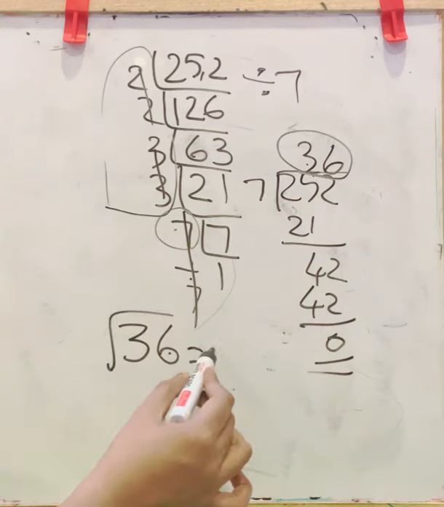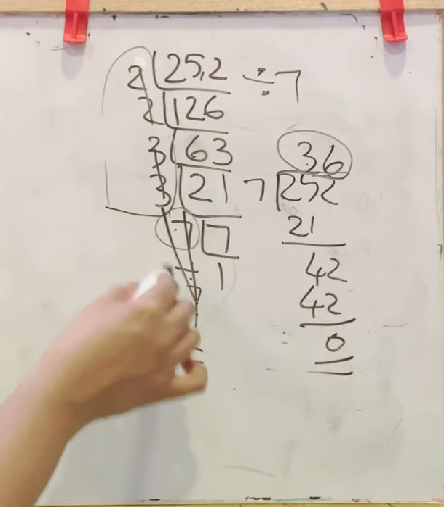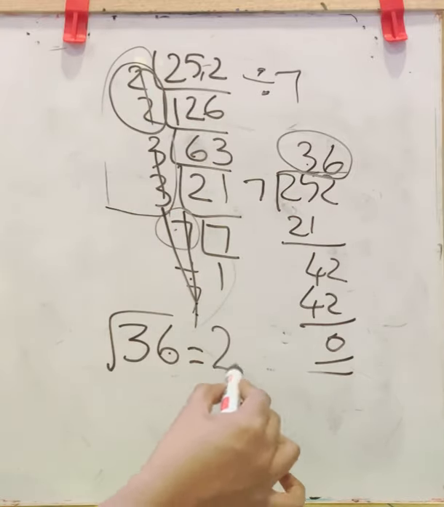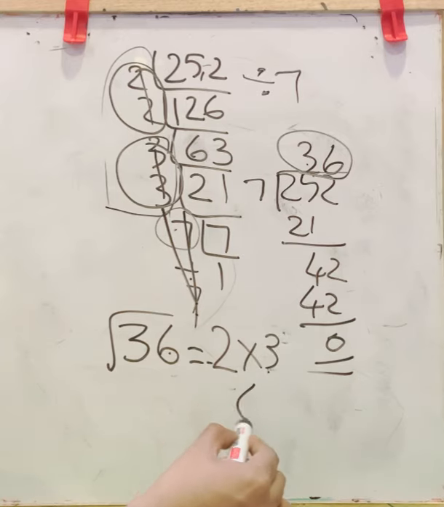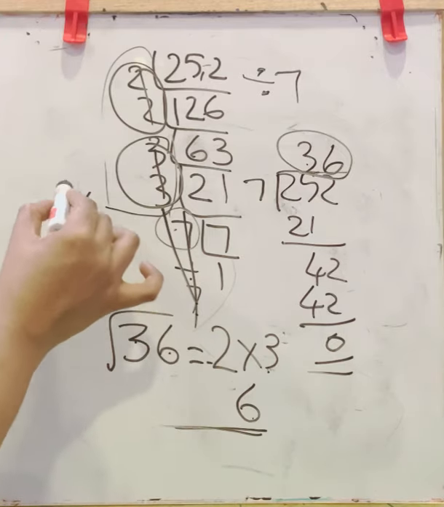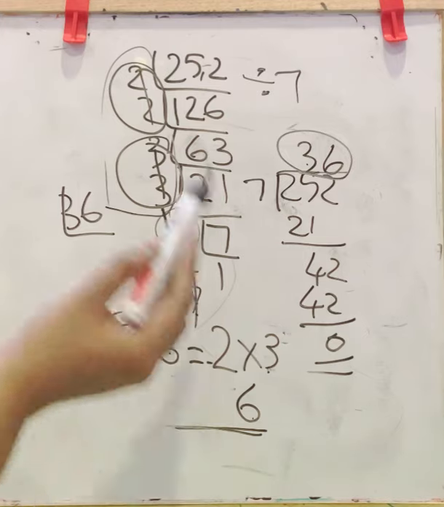For the square root of 36 we have no 7 in it. We have already divided it from the given number. Balance will be, instead of these 2 2s, you will get one 2. These 2 3s, you will take one 3. 2 3s are 6. Root 36 is 6. Either you can do it like this or you can find the prime factorization of 36 separately. Then also you will get 6.